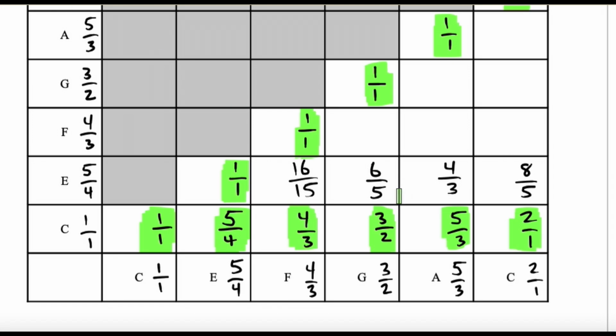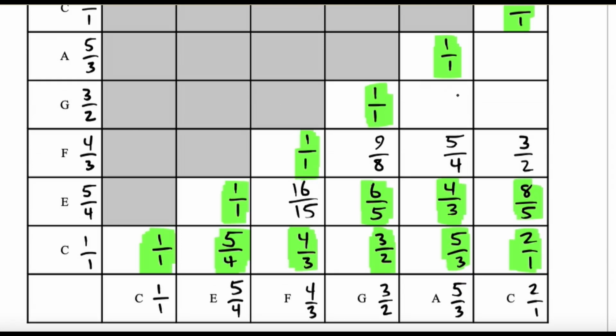So all these are good. G with F would be 9/8. A with F would be 5/4. C with F is a perfect fifth, 3/2. A with G is 10/9. C with G, perfect fourth, 4/3. And C with A, minor third, 6/5.